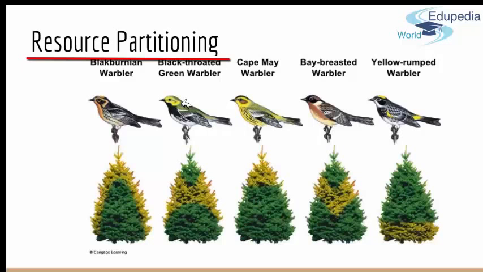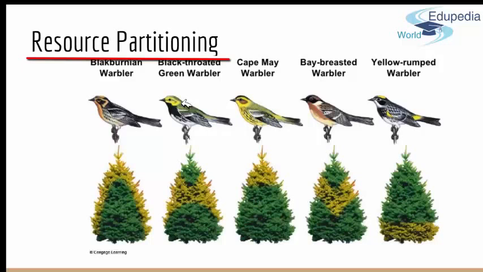And on this nice picture, you can see one of the best known cases of resource partitioning, in this case territoriality, and it occurs among the species of warbler birds. In this case, as many as 5 different species may exist in the same forest. But the thing is that each stays restricted to a particular space. So for example, some occupy the tree canopy, some occupy the trunk, some forage close to the ground.